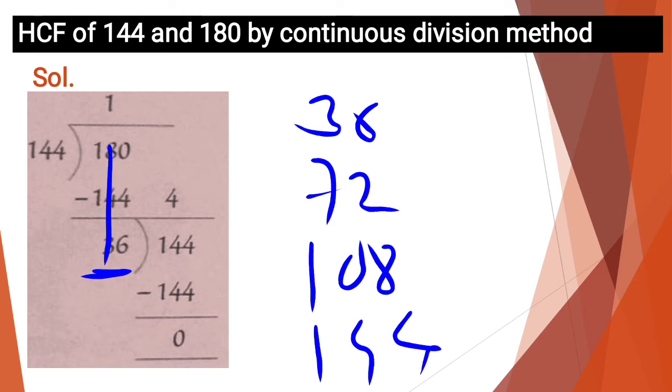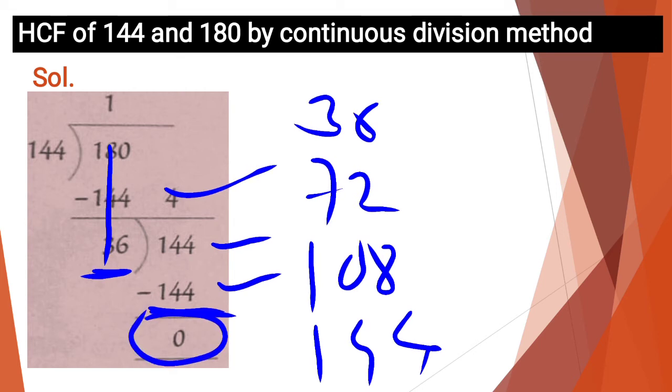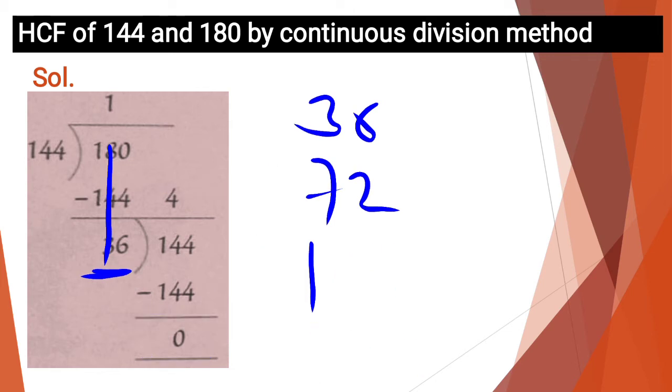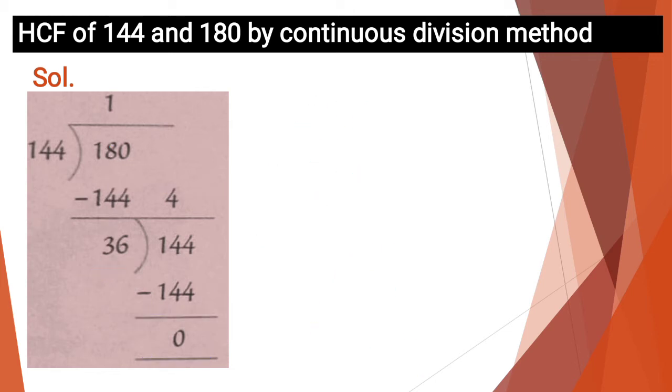It means 4 here, and here we write 144. Now we subtract 144 minus 144, so we get 0. It means the division process ends. When the division process ends, we can find our HCF.